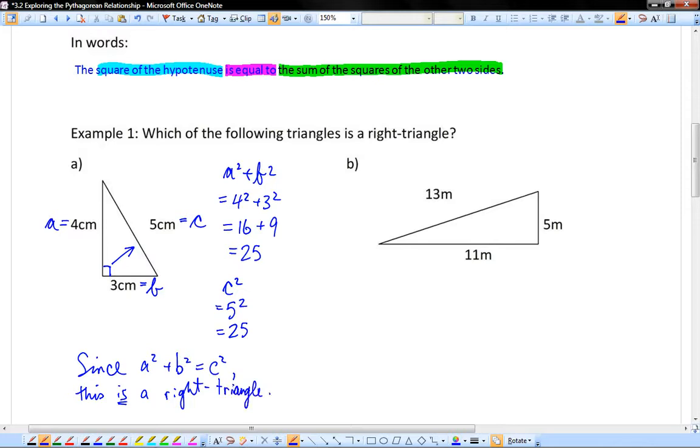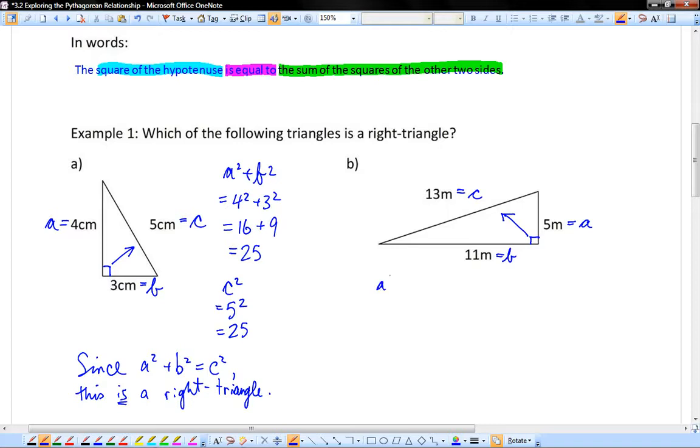So let's see if that is true in the case of the next triangle for part B. First of all, let's identify the longest side, and we'll call it C. And again, it is opposite to the right angle. Let's call these two sides A and B, and let's check out the value of a squared plus b squared and compare that with c squared.